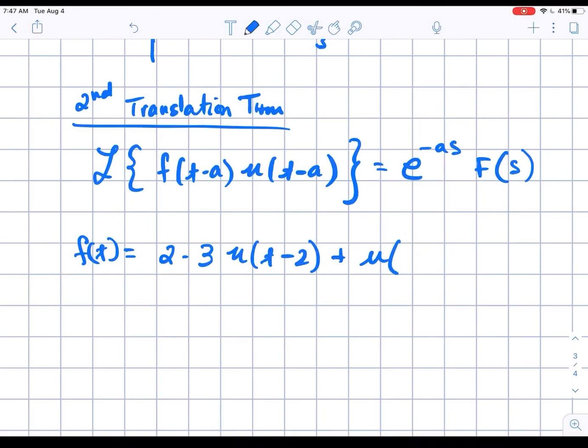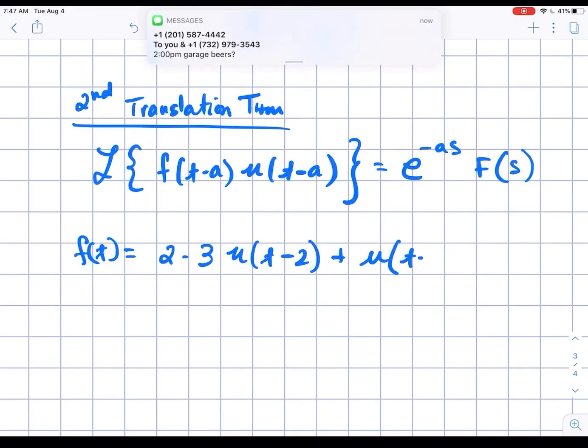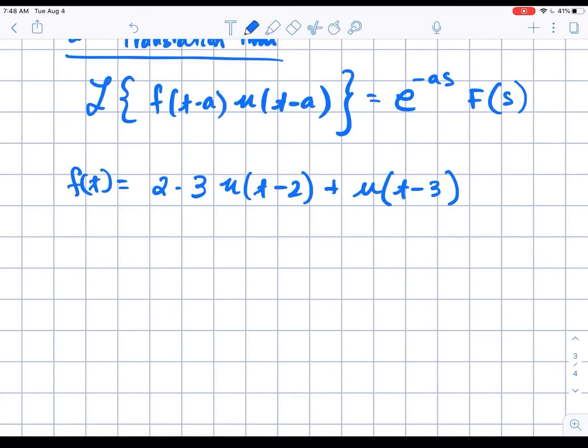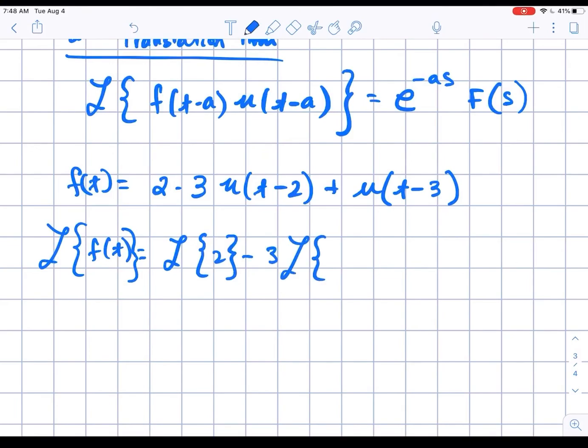And because you don't really have to worry about making it a function of t minus a yet, it's alright. So here we'll have, I'm just going to break it up into different transformations.